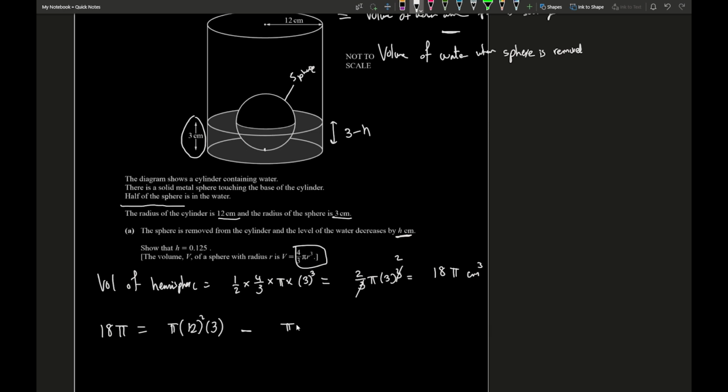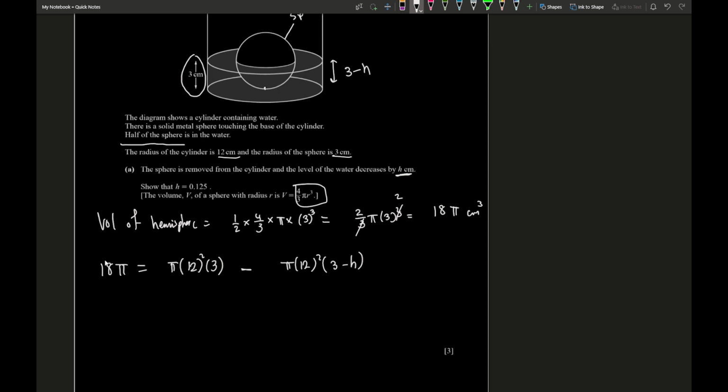So pi times 12 squared times the height, which is 3 minus h. You can divide by pi from both sides, so 18 is equal to 12 squared times 3 minus h. What is 12 squared times 3? That is 432, minus 12 squared times h, which is 144h.